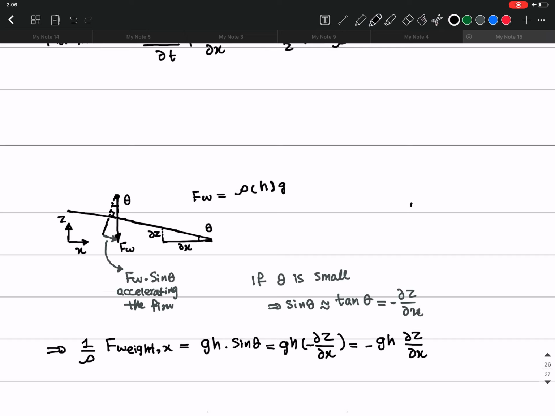Again, just to say it again, if this is x and z, this slope is negative, like this partial z over partial x is negative, right? But the sine theta is positive. So the actual tangent of theta is going to be minus this. Okay.